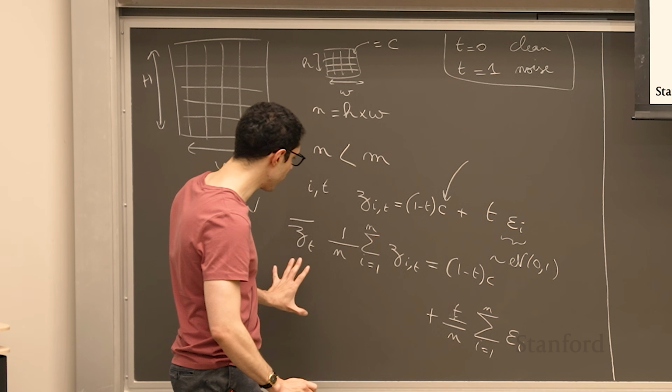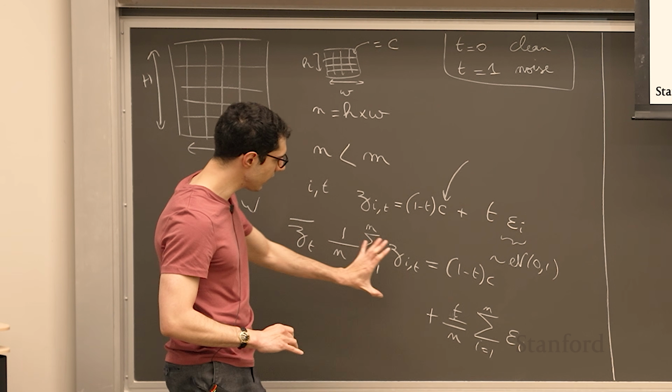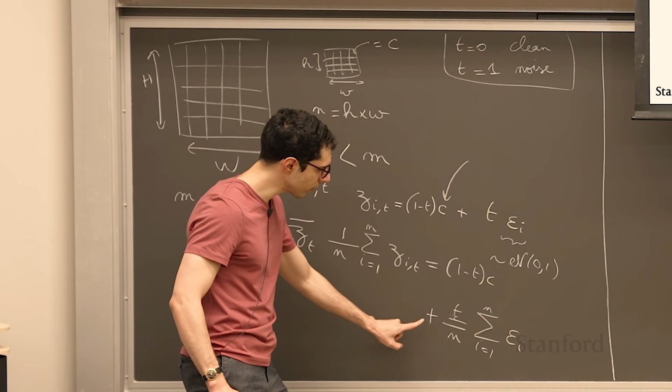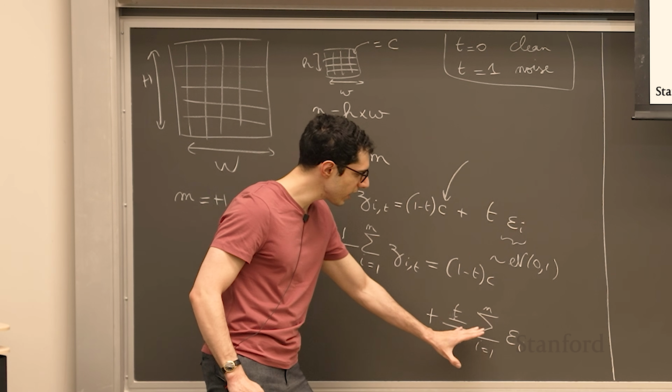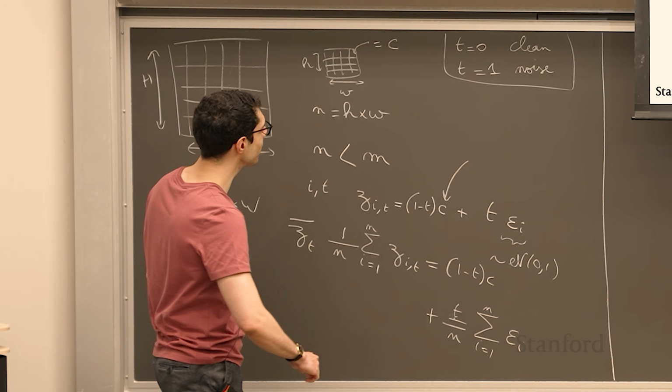So what I wrote is that the average value of a pixel is (1 - t) times c plus t over n of the sum of the noise values. You're going to see why I did that.